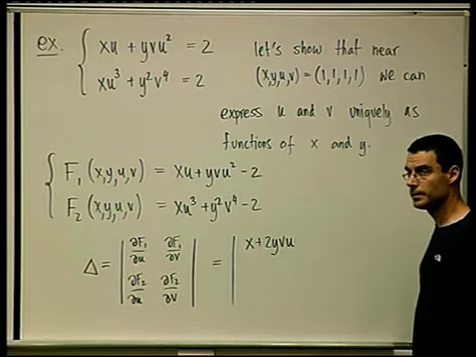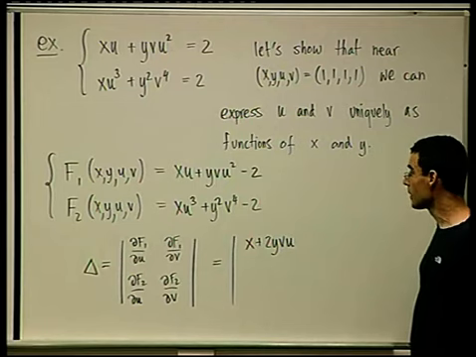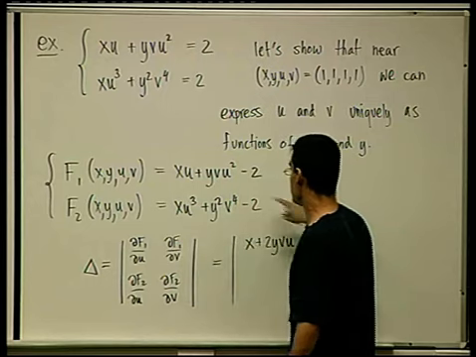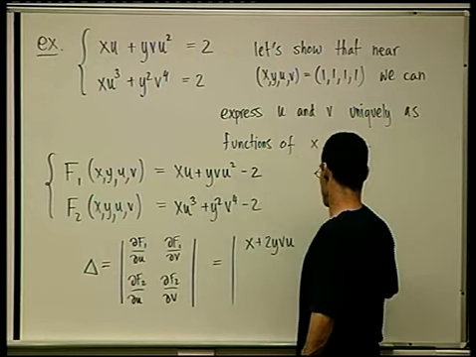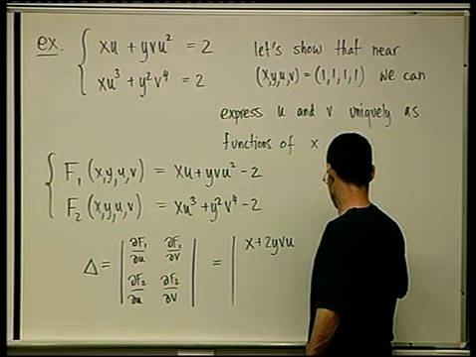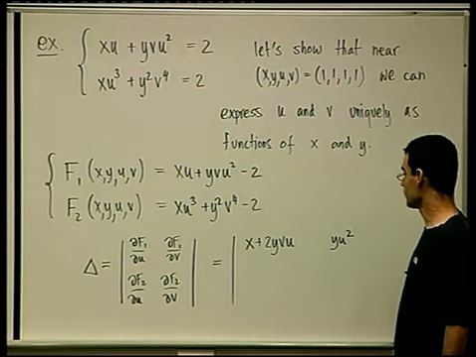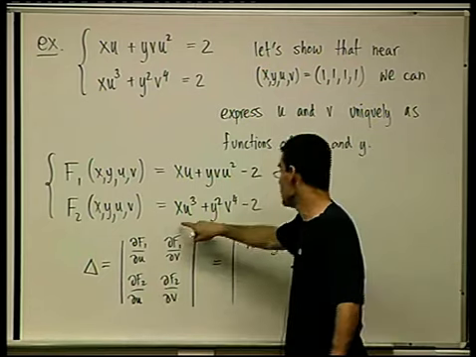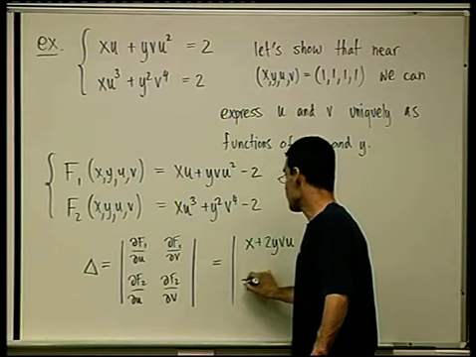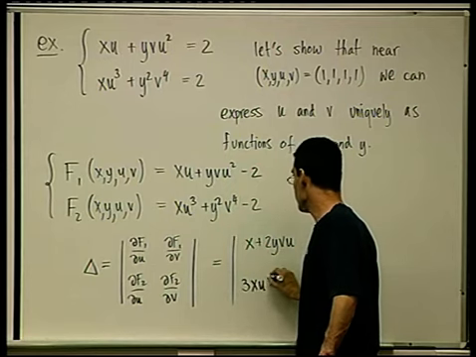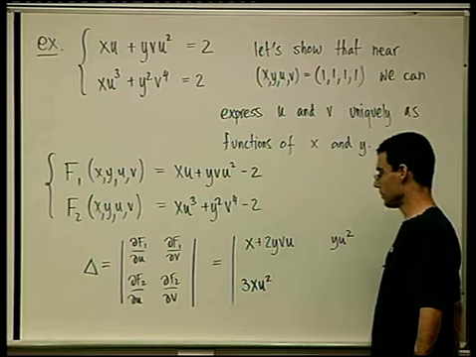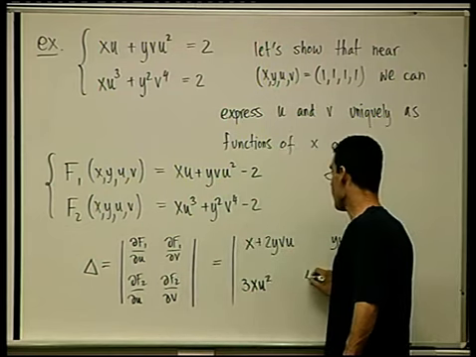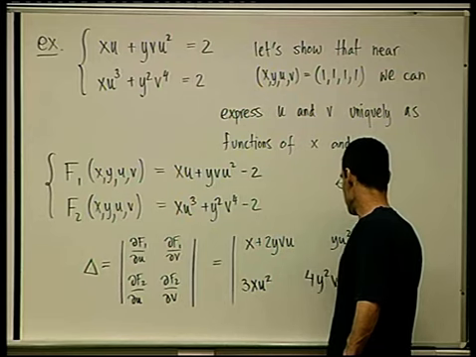Do you agree? What's df1 to dv? It's yu squared. Good? What's df2 to du? 3xu squared. That's it. And what's df2 to dv? 4y squared v cubed.